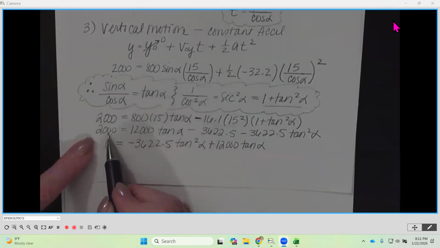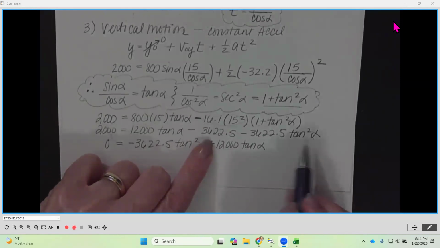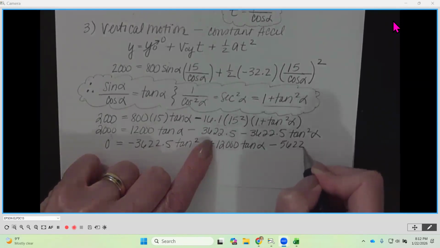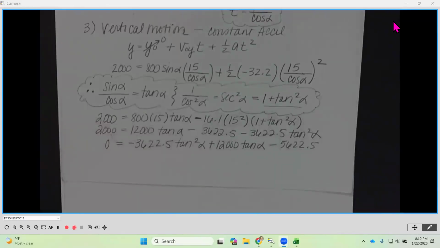And then this 2,000 is going to be negative on this side, so it adds as a negative, and that's going to be negative 5622.5. Does that make sense?